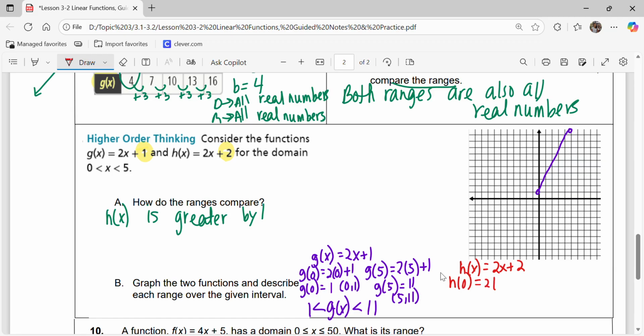H of 0 equals 2 times 0 plus 2. H of 0 equals 2. H of 5 equals 2 times 5 plus 2. 2 times 5 is 10, plus 2 is 12. So 2 is less than h of x, which is less than 12. Oh, no.